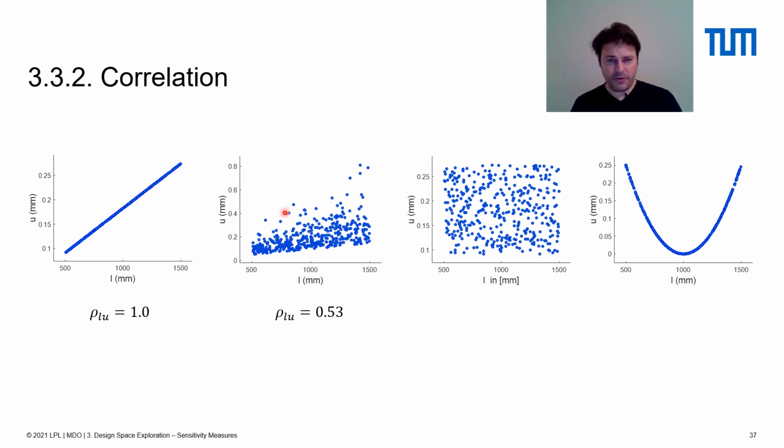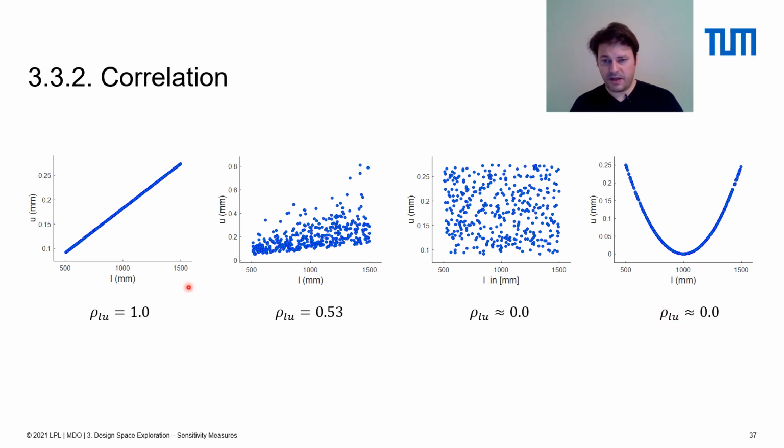The correlation coefficient for example number 2 would evaluate as 0.53, which is due to the fact that the design points are not on a line like in example 1. And the correlation coefficient of this example here would evaluate as approximately 0. And the correlation coefficient of the fourth example would also evaluate as 0.